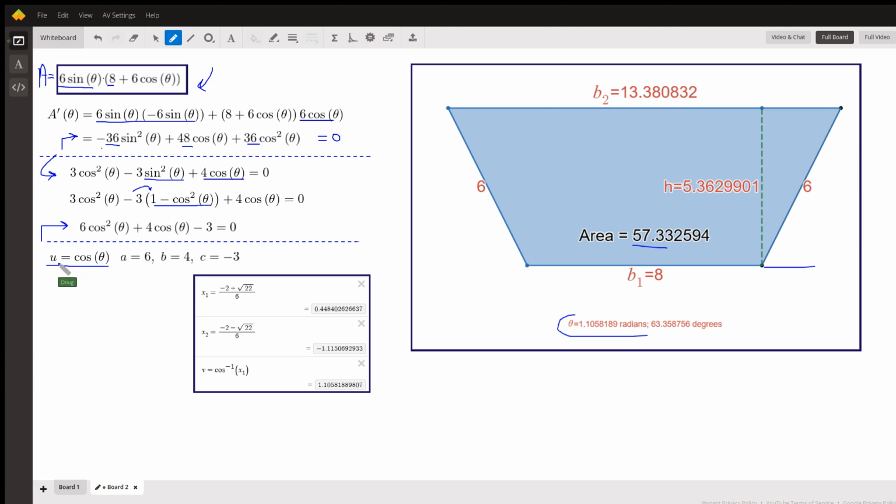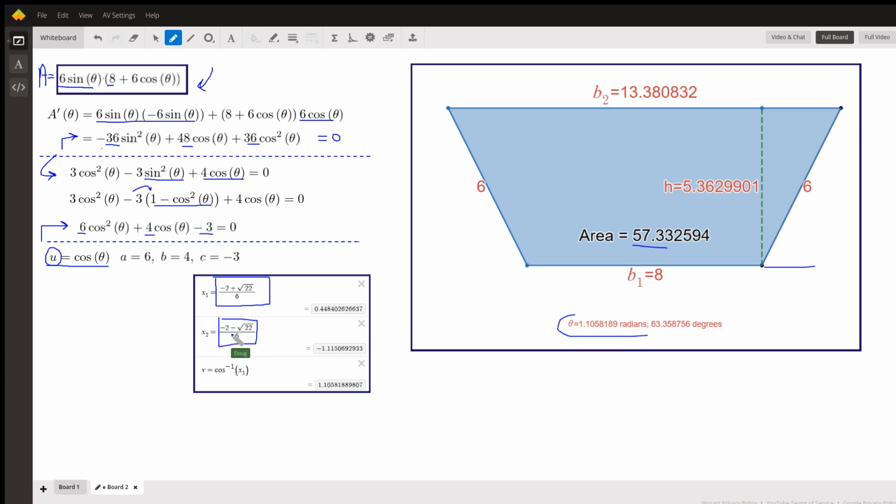You're envisioning letting u equal the cosine of theta, and in that case, for the quadratic formula, a is 6, b is 4, c is -3. If you substitute into the quadratic formula and simplify, that's one of the roots. Here's the other root. u is equal to the cosine.